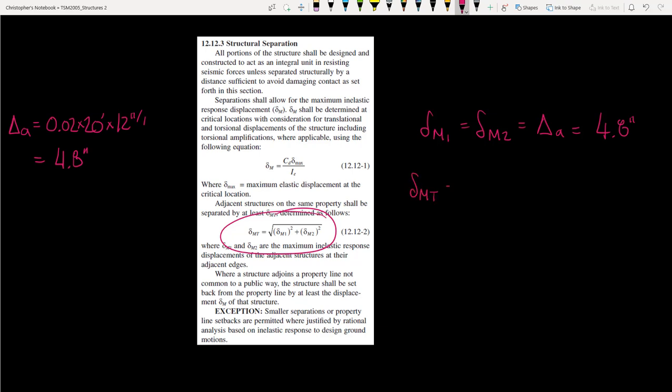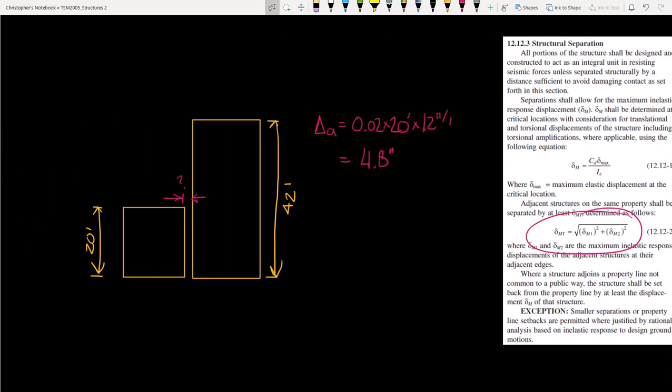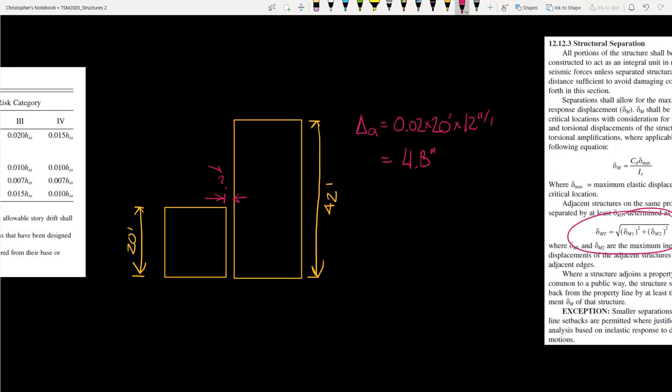And so, to calculate our separation, we simply plug into our formula and we get 6.8 inches. And so that will be our separation between the two buildings.